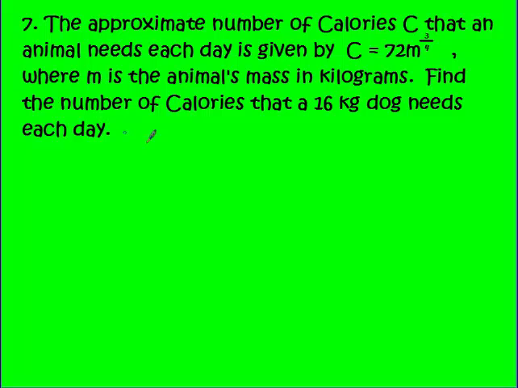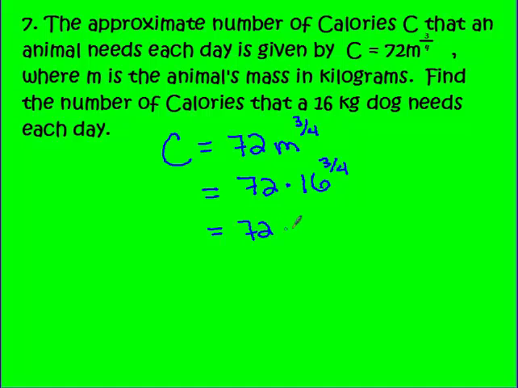Well, let's go through this. C equals 72 m to the 3/4 power. Let's substitute what we know. M is mass, the mass is 16. It's 72 times 16 to the 3/4 power. It's 72 times the 4th root of 16, cubed.